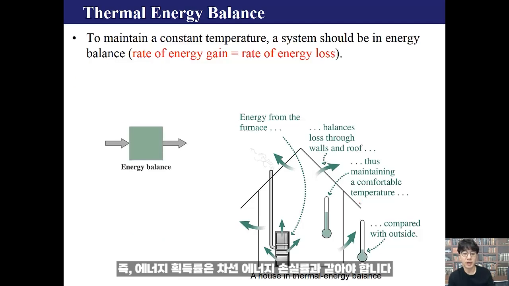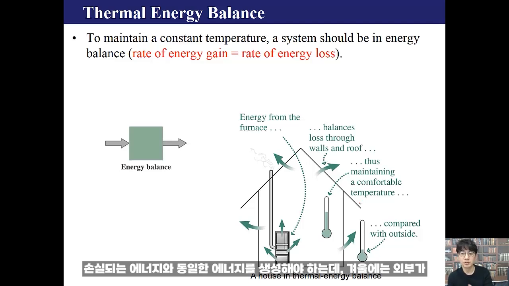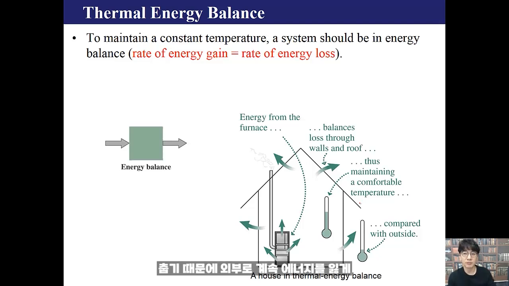That means the rate of energy gain should be equal to the rate of energy loss. So, for example, if you want to keep your room at a constant temperature, you should generate some energy equal to the energy lost to the outside. In winter, it will keep losing energy to the outside because outside is cold.